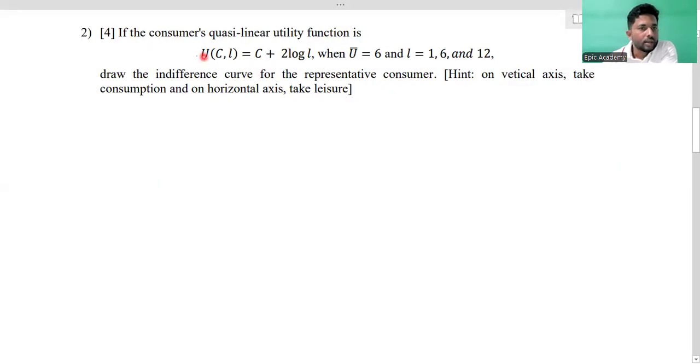So this quasi-linear function, what do you mean by quasi-linear functions? Here we have to identify quasi-linear before calculating that one.